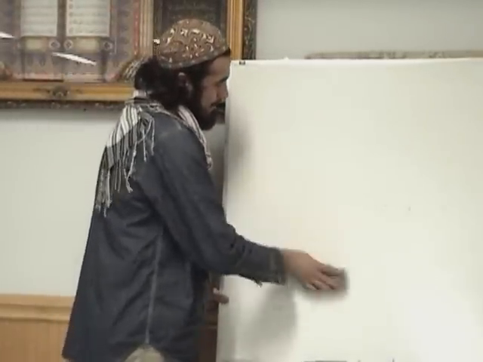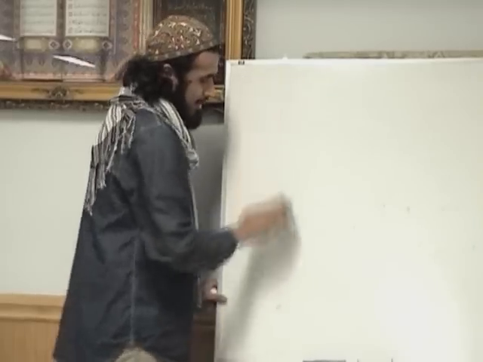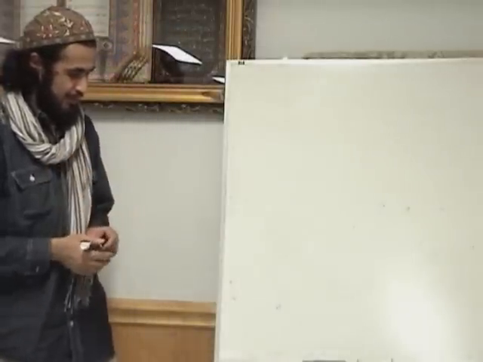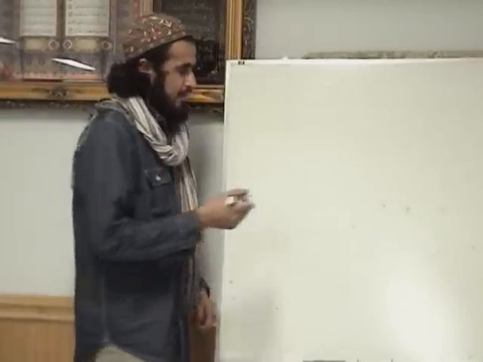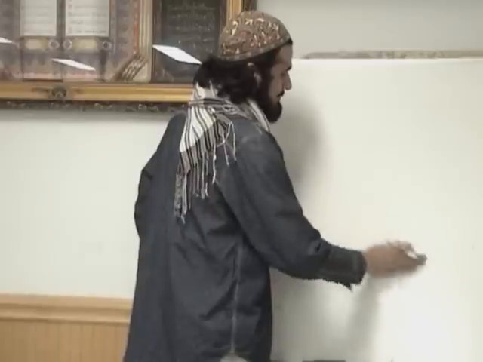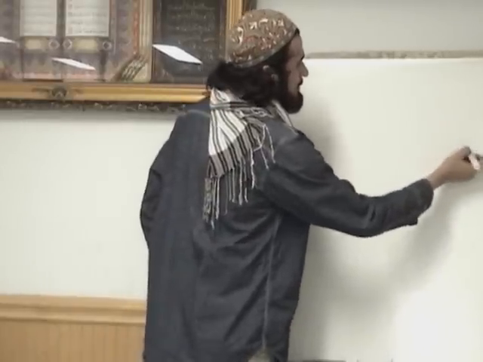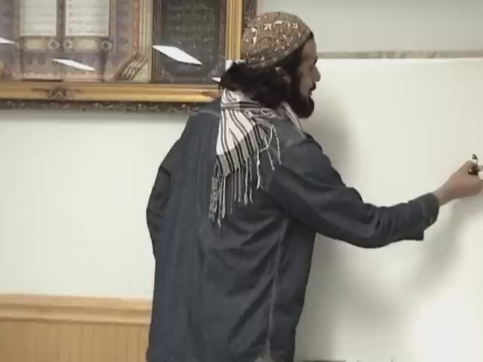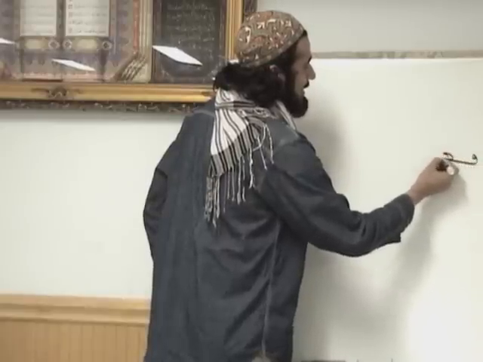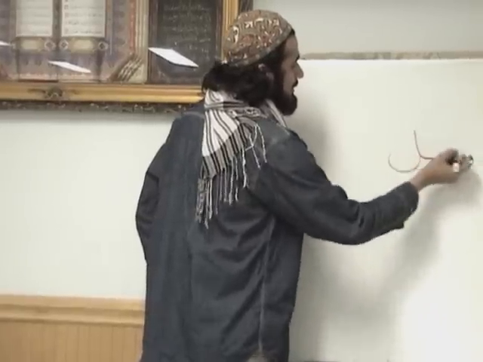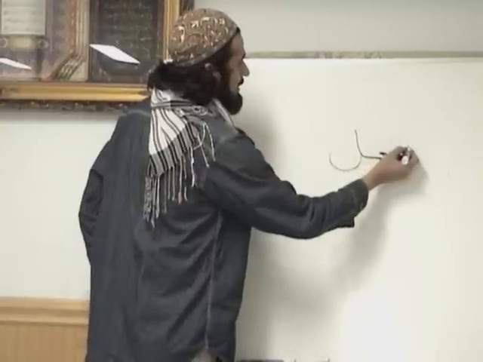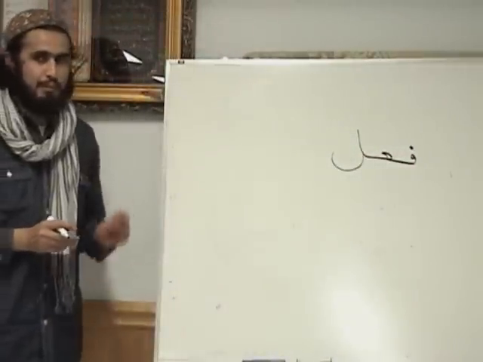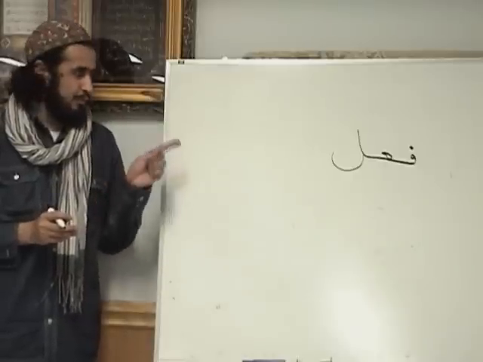Okay, so now a fi'l, or a verb that has 3 root letters. As we said, that's the most common verb in Arabic. It can have the following form. Of course, you weigh it against fa, ayn, and lam, right? All the time. So fa, ayn, and lam. The fa in the past tense that we're talking about right now.